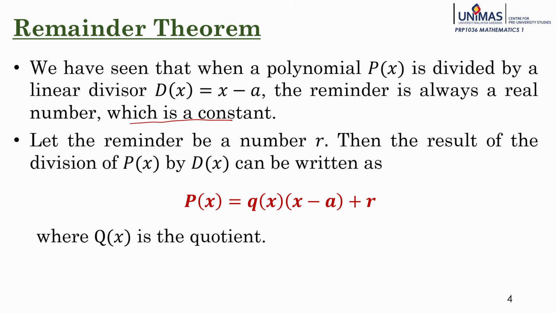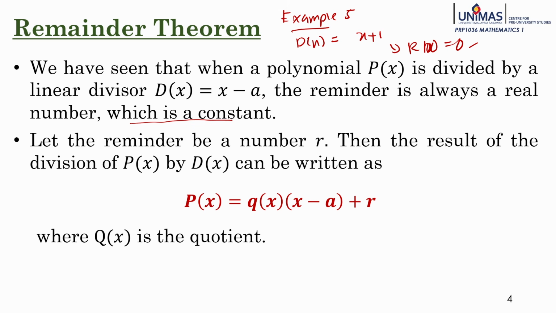You can look back at your examples, for example example 5, where d(x) is x plus 1. You can get the remainder is 0, so this is a constant, a real number.